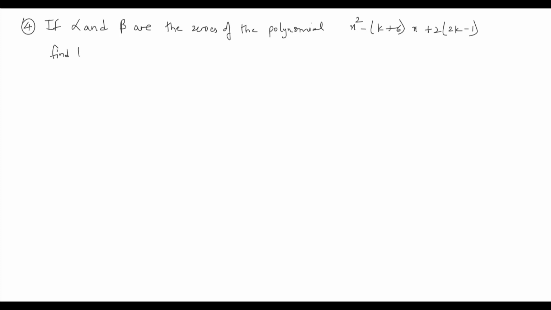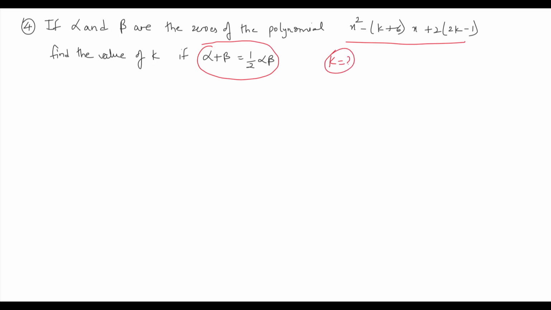Find the value of k if alpha plus beta is equal to half alpha beta. So this is a condition which is given, and this is a polynomial. We have to find the value of k. So let's solve.